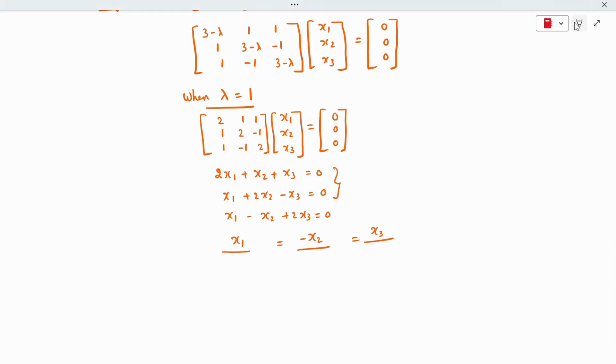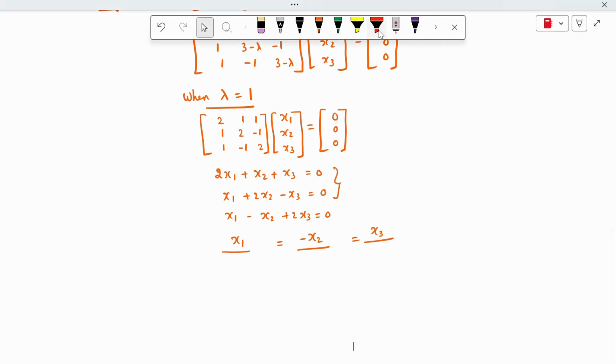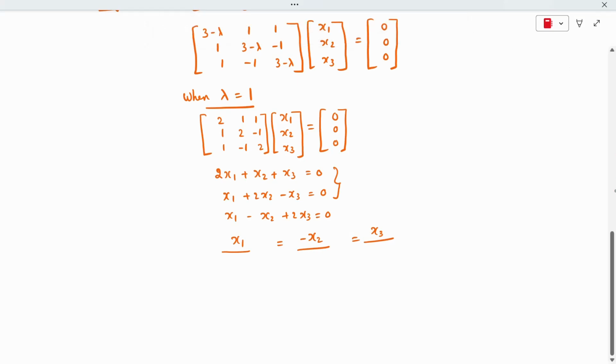If it is x1, omit x1 and write the remaining in matrix format: 1 1, 2 minus 1.